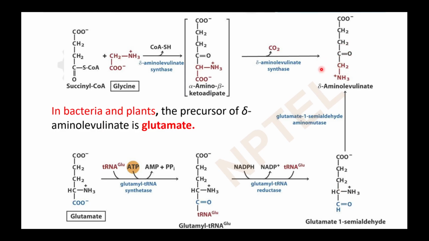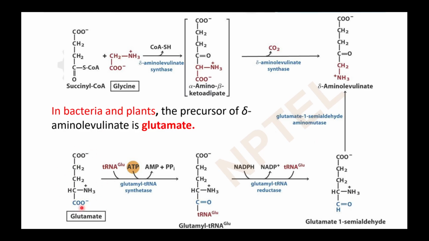So it is having an amino and acid group along with a keto group. Okay. So glutamate 1 semialdehyde aminomutase. Since the amino group is moving from one carbon to another, the enzyme is named as aminomutase. Okay. Mutases are the enzymes that can actually convert one isomer into another.